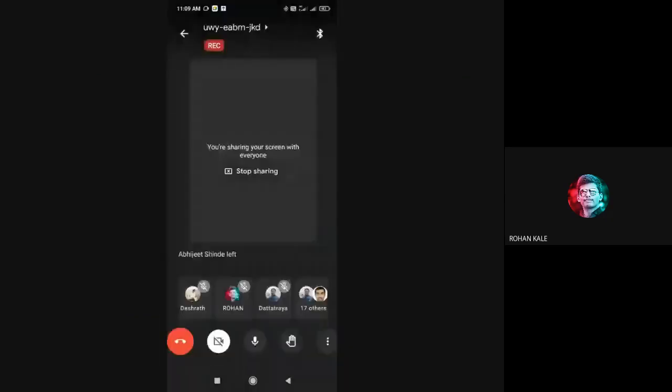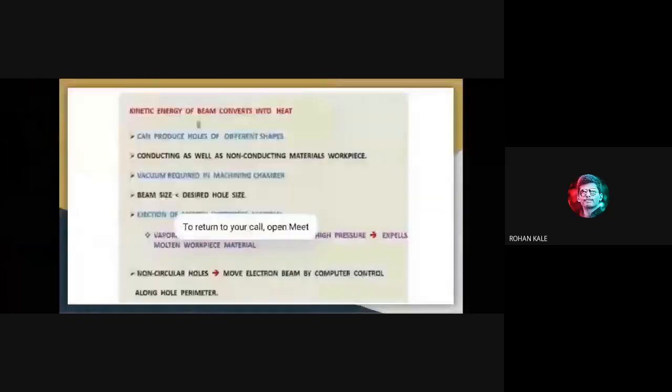So the workpiece material can be, as I have mentioned, electrically conductive or non-conductive. Any kind of workpiece can be machined irrespective of its hardness, mechanical and metallurgical properties. That material can be machined by this process.